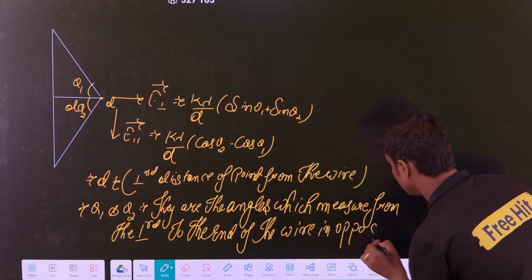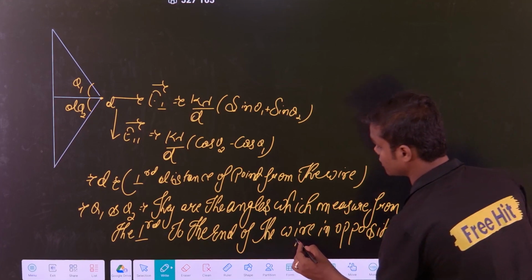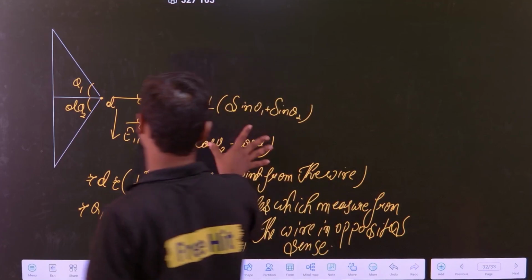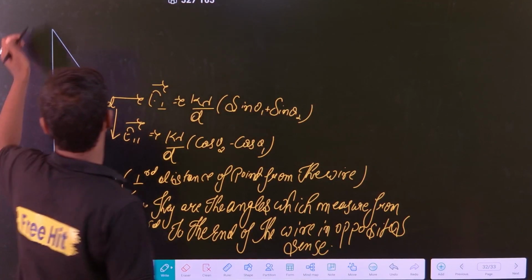Wait, I will give you the example, then you will understand these two points. If you remember this formula and these points, then you completely remember this formula. This is the conclusion.